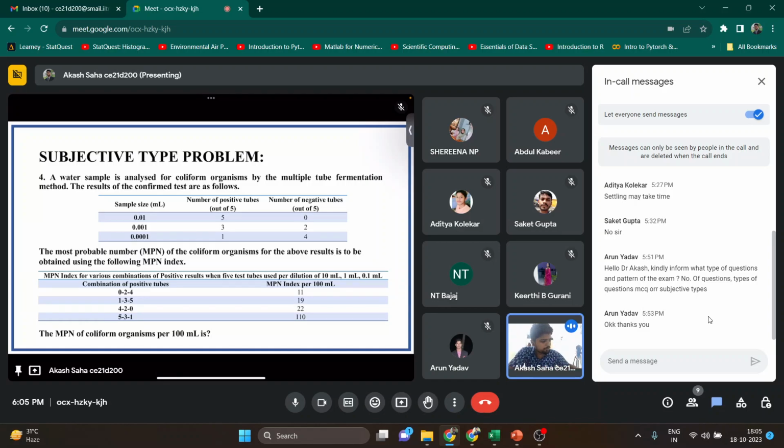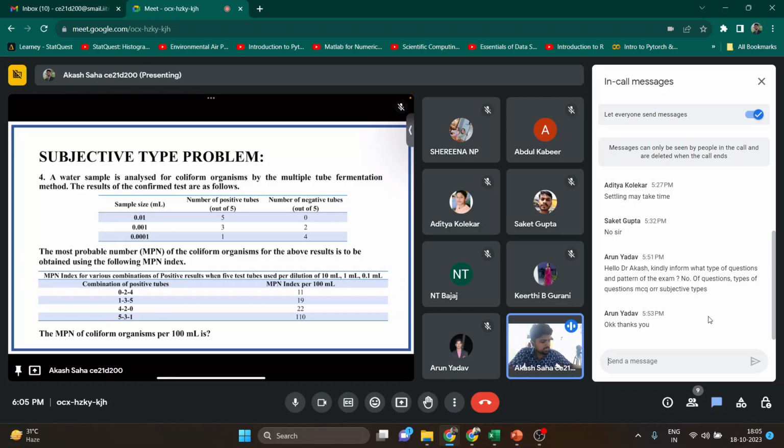So for this set of experiment, my positive tube combination is 531. If my combination is 123 or 135, 532, 534, so for every possible combination, they have found the MPN index value with experiments.